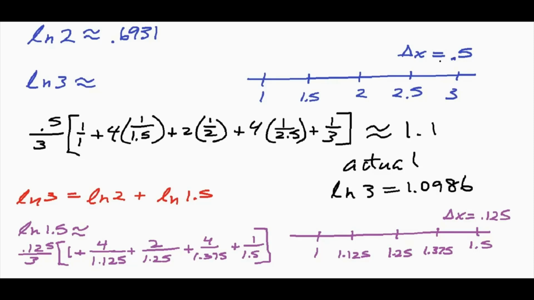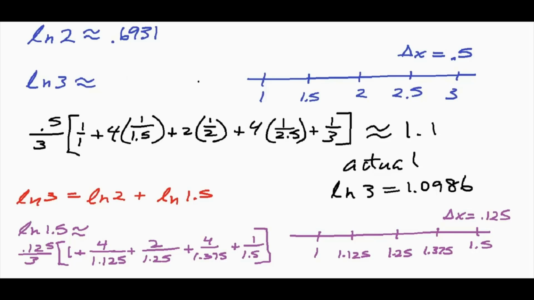So that would mean you have to do more rectangles, which would be a lot more tedious work, or you do other things. And that's what I want to show you, the other things, because you can always add more intervals, the n value, but it's a lot of work.